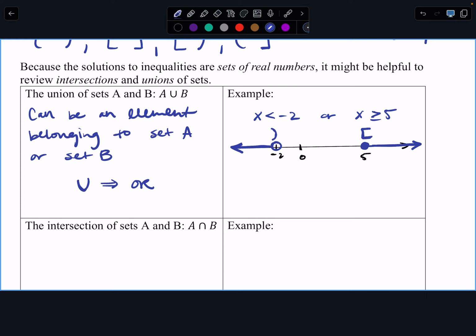So do we have to do the open and close bracket? I'm never going to ask you to graph on the number line. I'm just giving you a visual for representing this inequality, the solution set that this inequality represents. So a value would be part of this set of numbers if the value would satisfy either this inequality or this inequality, but it doesn't have to satisfy both.